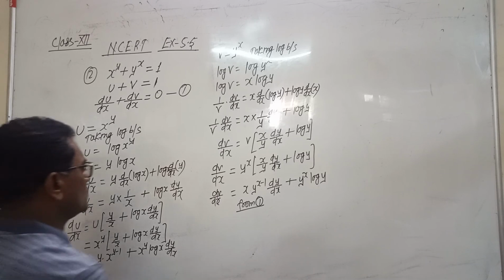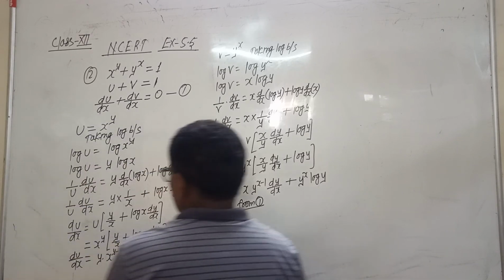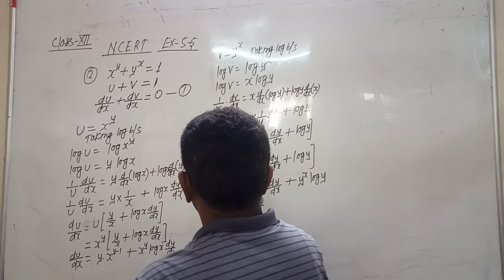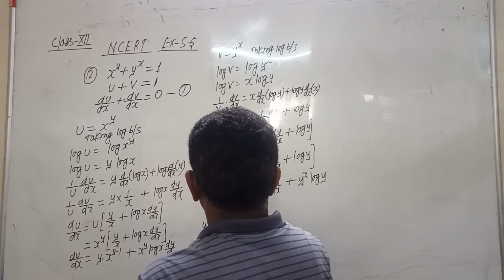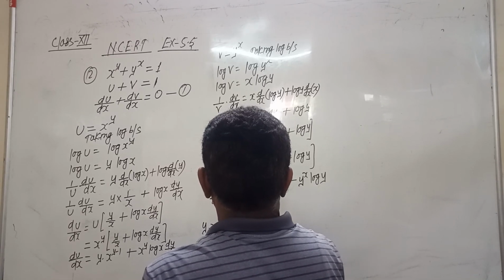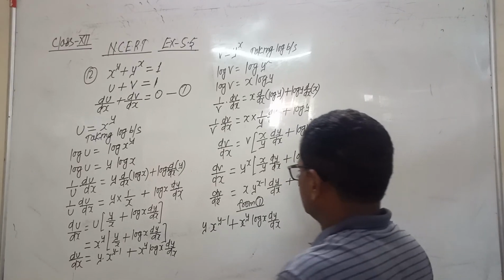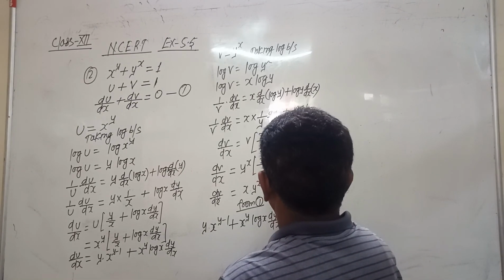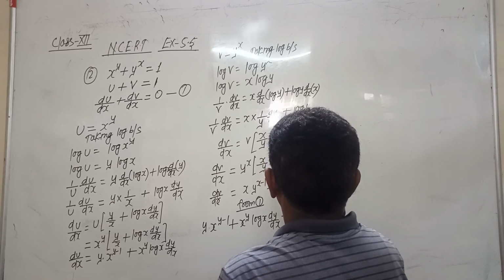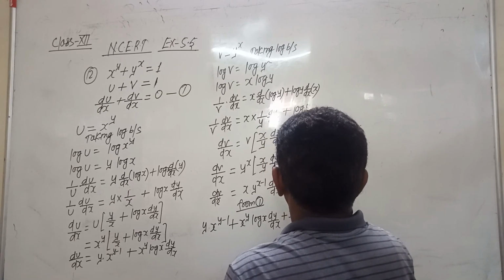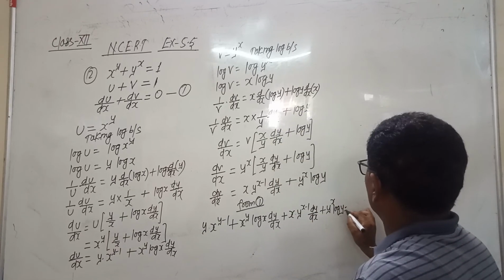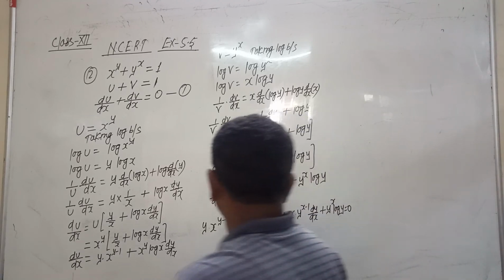So the value of du by dx is y into x raised to the power y minus 1 plus x raised to the power y into log x and dy by dx, then plus dv by dx. The value of dv by dx is x into y raised to the power x minus 1 dy by dx plus y raised to the power x and log y, and this equals 0.